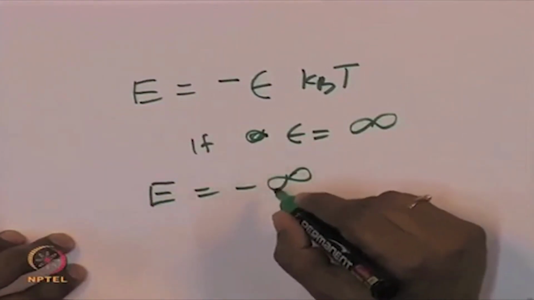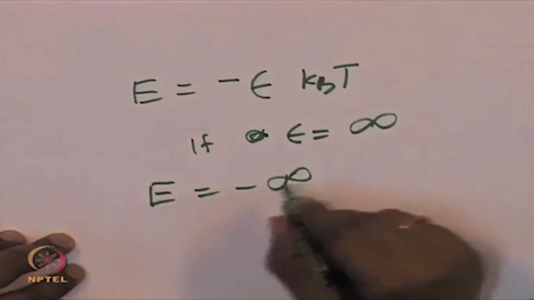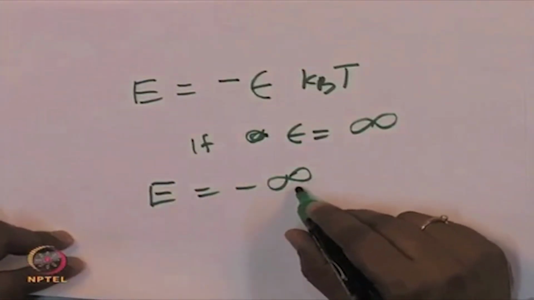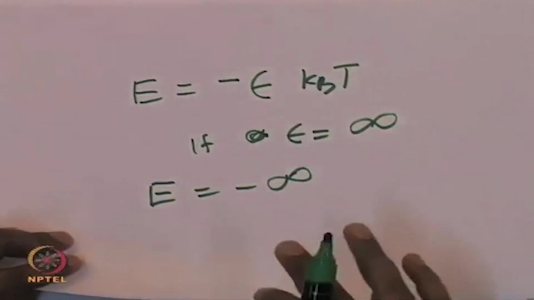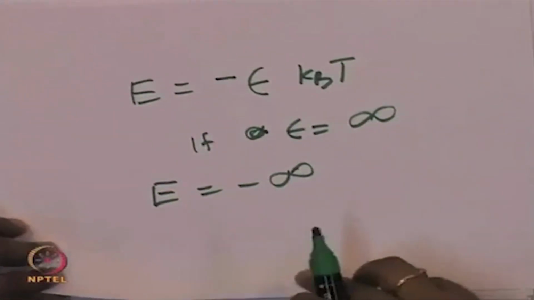So, by binding, infinite energy will be gained. What does this mean? Everything would love to bind, because there is infinite energy gain.